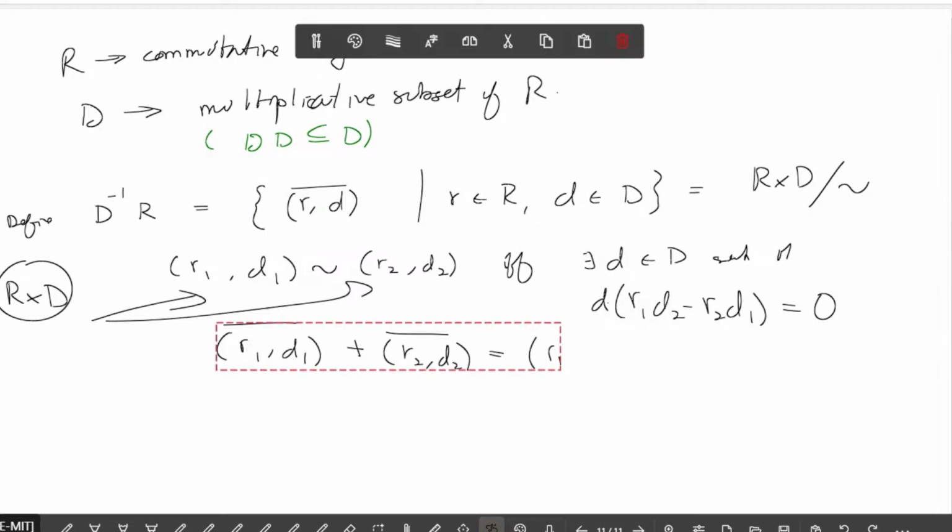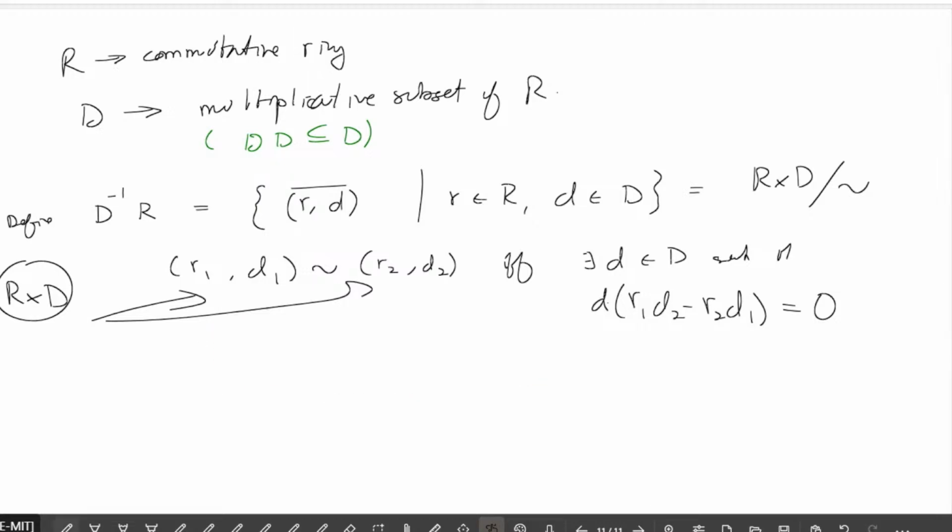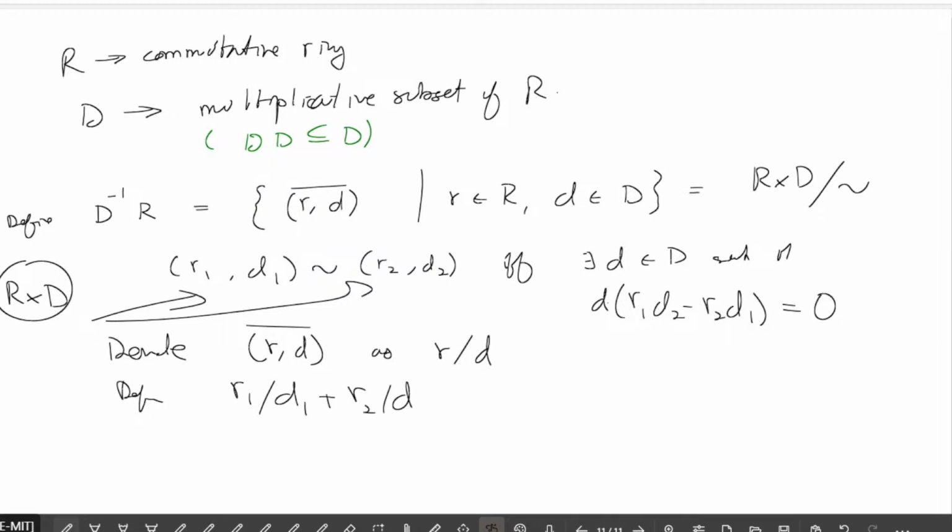Denote the equivalence class of (r, d) as r divided by d, just use that notation. Then define r1 over d1 plus r2 over d2 equal to (r1 d2 plus r2 d1) over d1 d2.